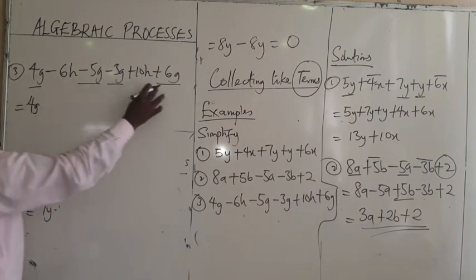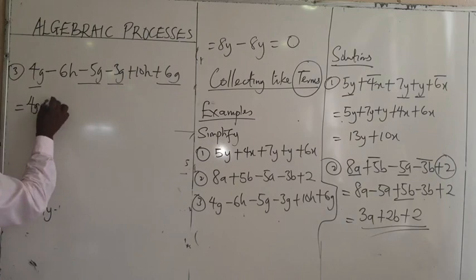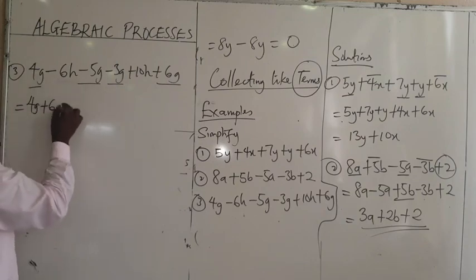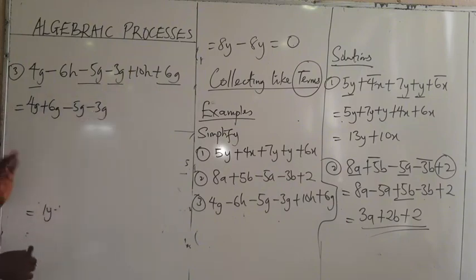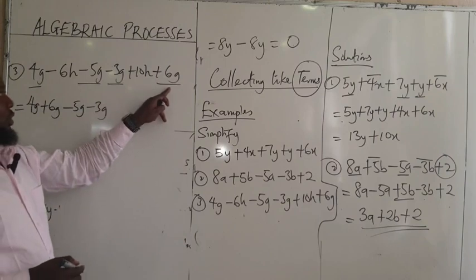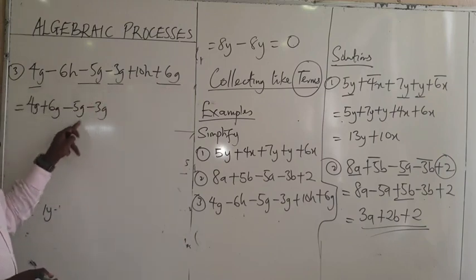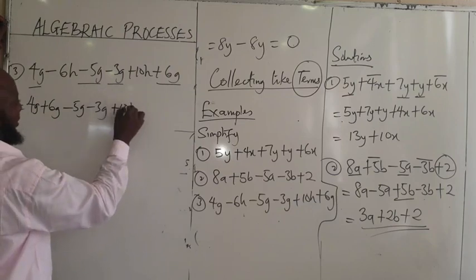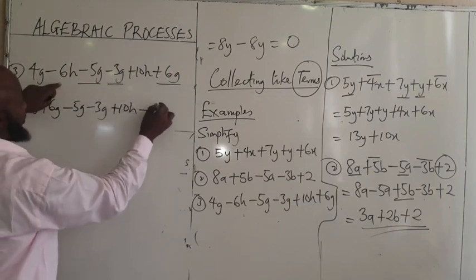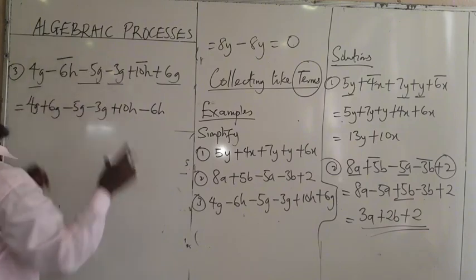That is 4g plus 6g, then minus 5g minus 3g. Is that clear? Again, you are going to combine 4g plus 6g because this is plus plus, then minus minus. Then h. This is 10h first, then minus 6h. So this and this, and that is all.